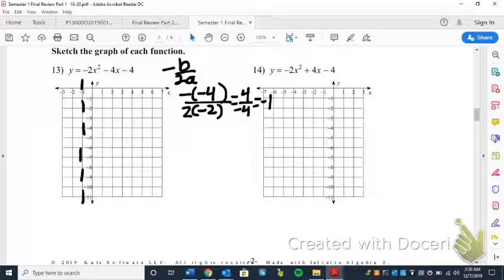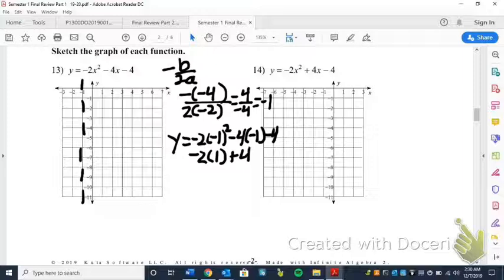I then find my vertex by plugging that negative 1 back into the equation for x. Y equals negative 2 times negative 1 squared, minus 4 times negative 1, minus 4. Remember, these are the steps for how to graph a quadratic equation from standard form. That gives me negative 2 times 1 plus 4 minus 4.